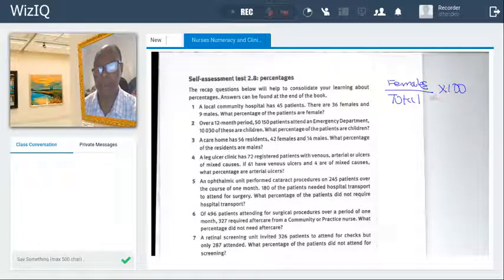You can put it over 1, it doesn't change anything, 1 times 100 is 100. Let's check the total: 36 plus 9 should give you 45. They are asking for females, and the females are 36.